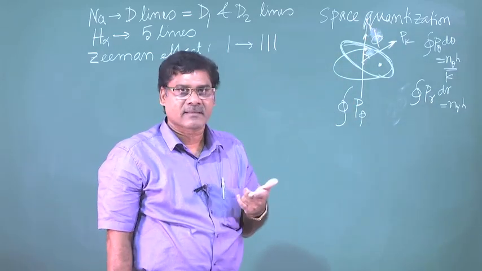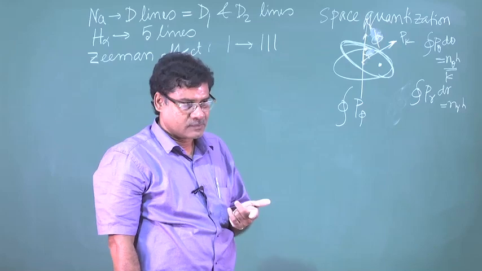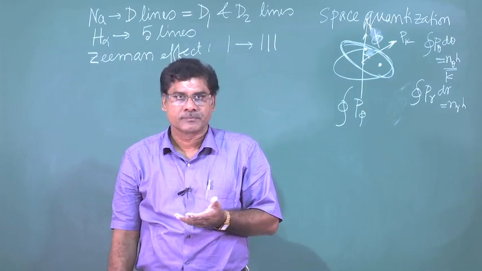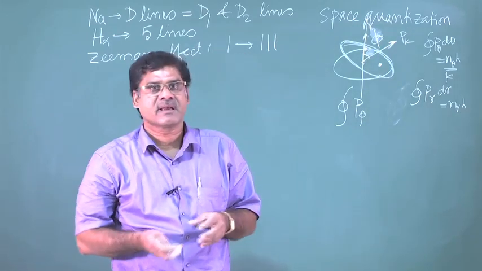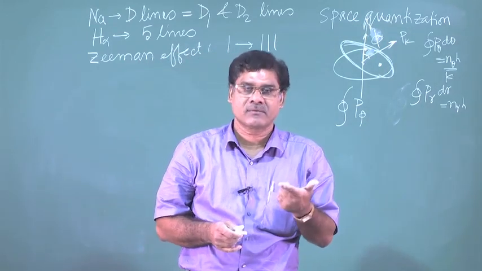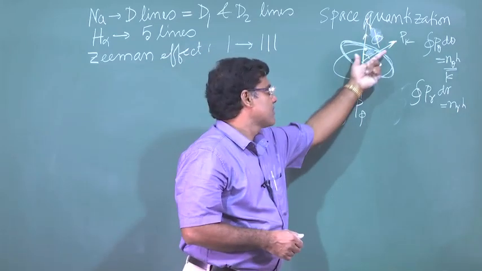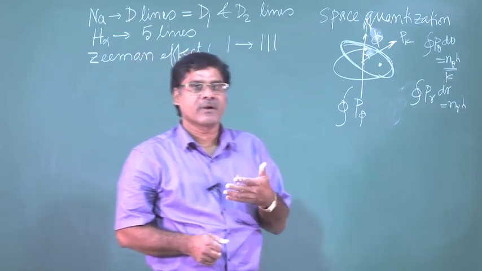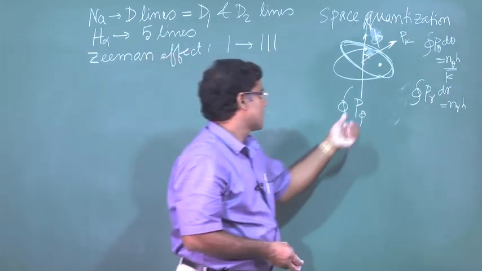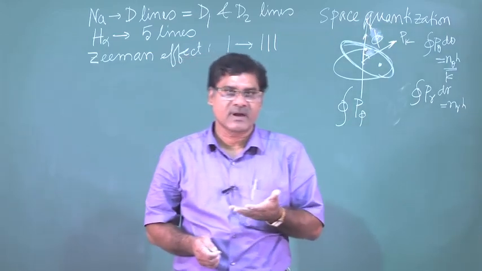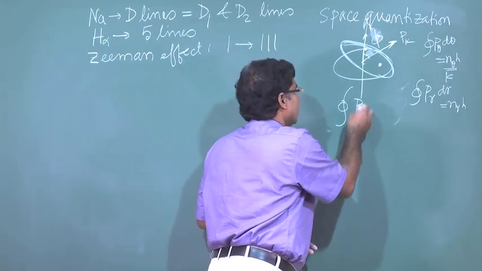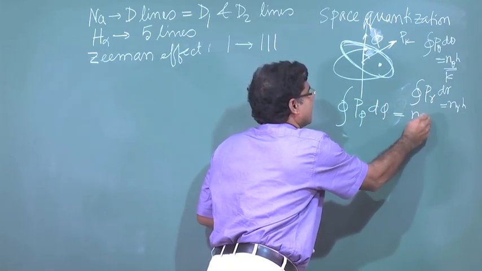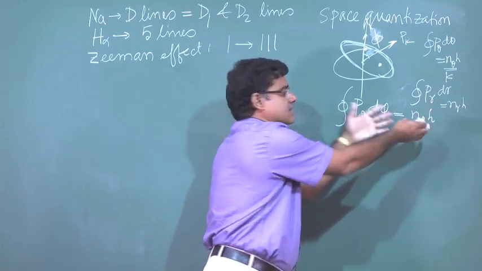So, another coordinate we are using, r theta phi in 3 dimensions. So, this phi coordinate also will be quantized. So, the angular momentum corresponding to d phi will be n phi h. So, this is another quantization.